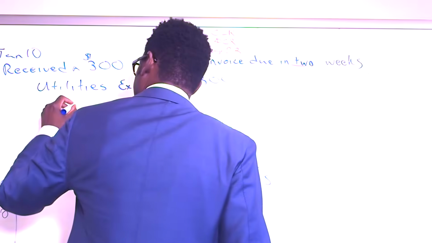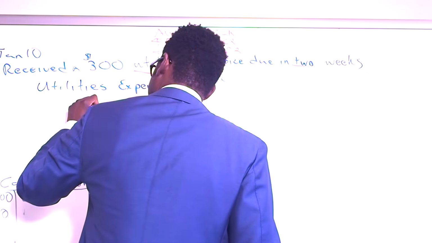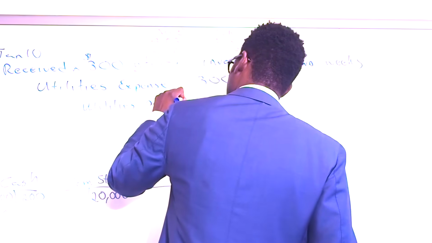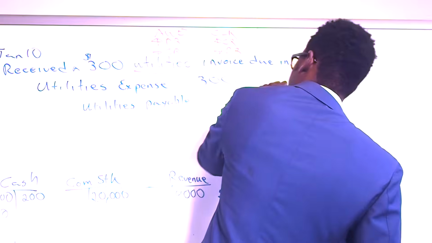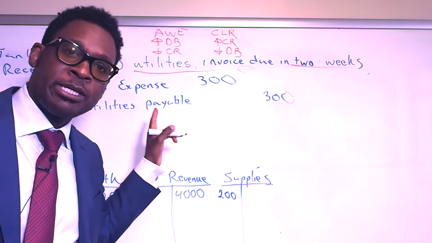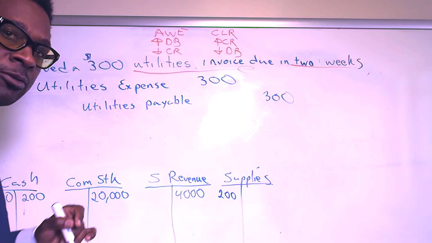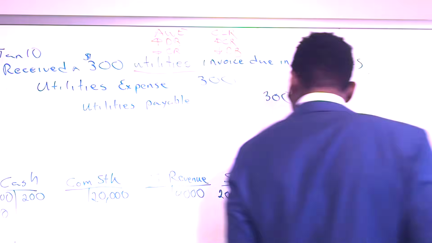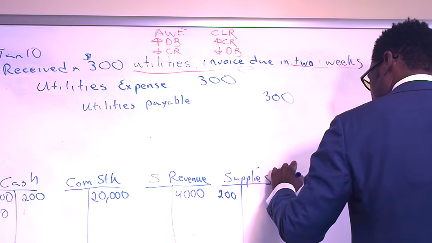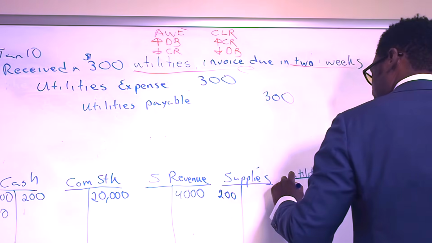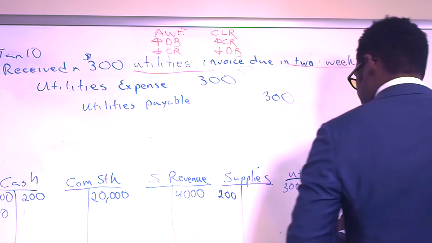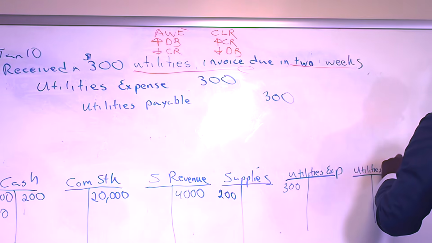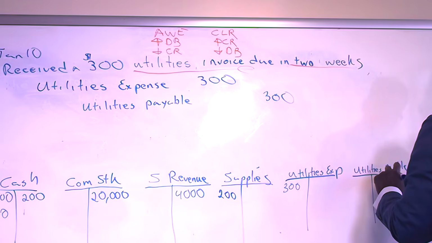And we're going to credit utilities payable for $300 as well. And so after we journalize into the journal, we're going to post into our ledger. And so we have to find our utilities expense, in which we're going to debit $300, and utilities payable, in which we're going to credit $300.